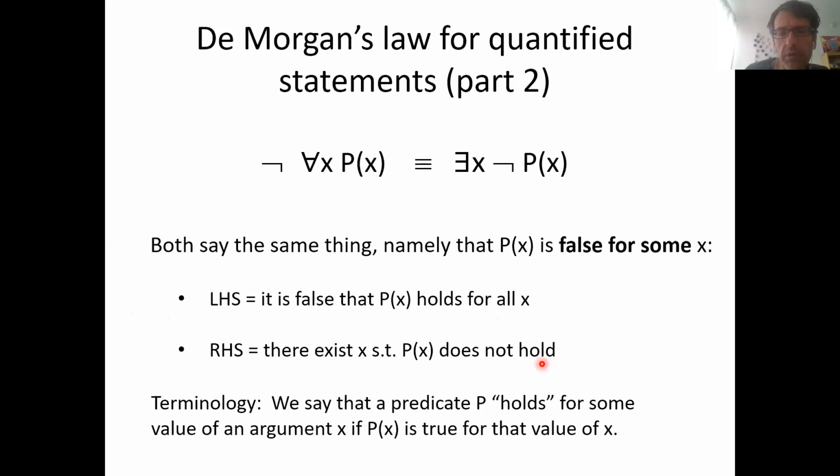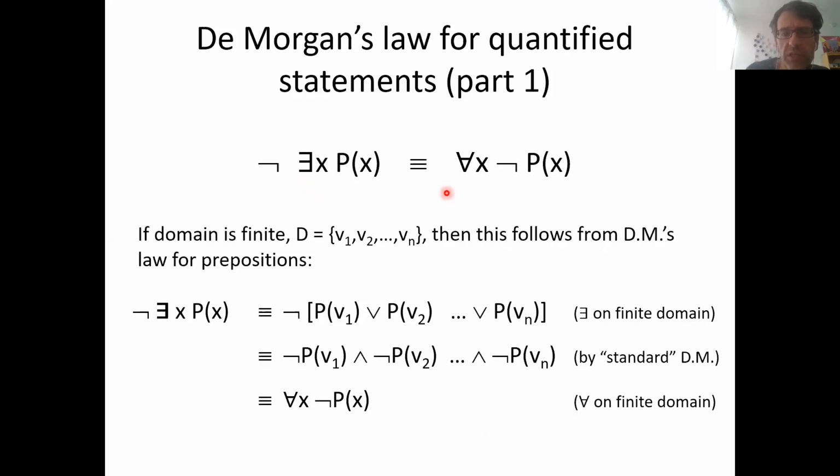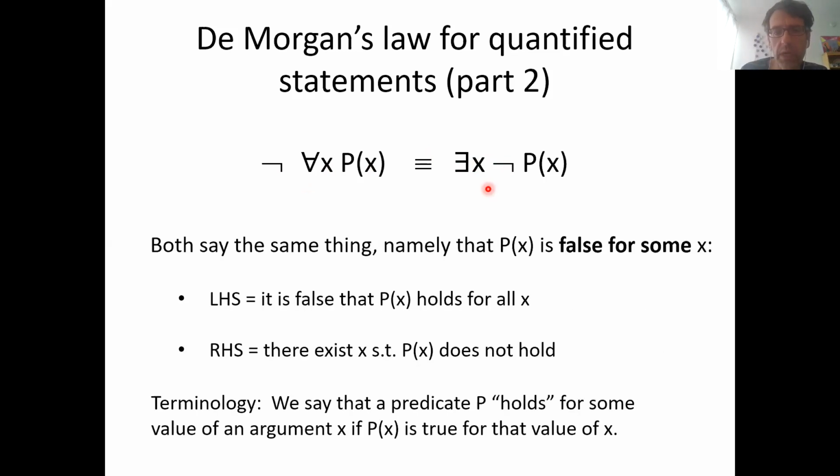The second De Morgan law is the flip of it. The first law was that the negation of there exists is the same as for all of the negated statement. Here, if I negate for all, what have I said? I said that it is not true that some predicate holds for all elements.